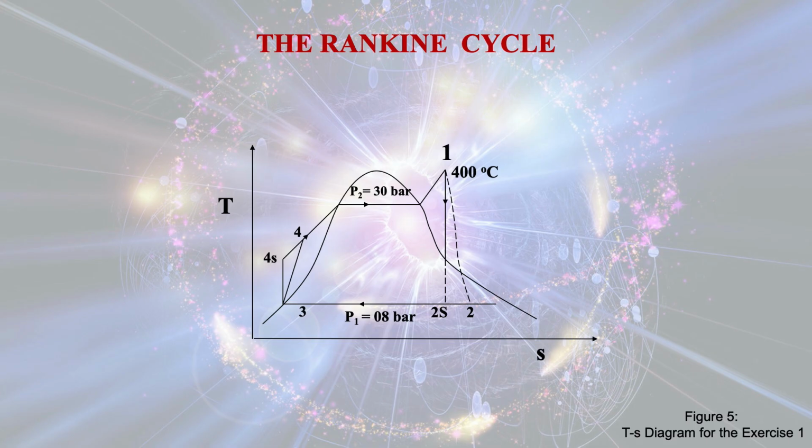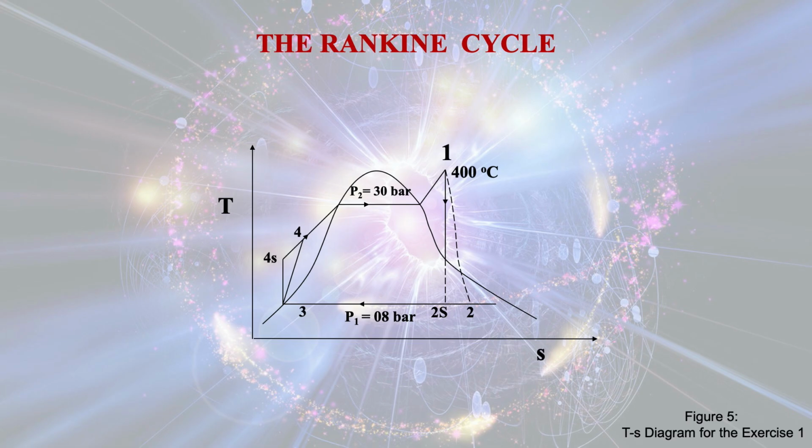Here the initial pressure is 30 bar and temperature is 400 degrees centigrade, and 2 is the actual exit from the turbine, and 2S is the isentropic exit from the turbine.